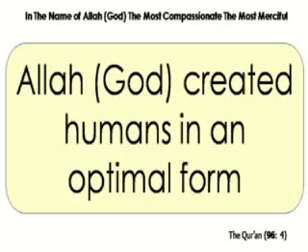Now if we link all of this with verse 4 of chapter 95 of the Quran, which states that Allah, God, created humans in optimal form. So Allah states here that He created us in optimal form. Combining that, our body contains all kinds of systems: thermal, structural, chemical.